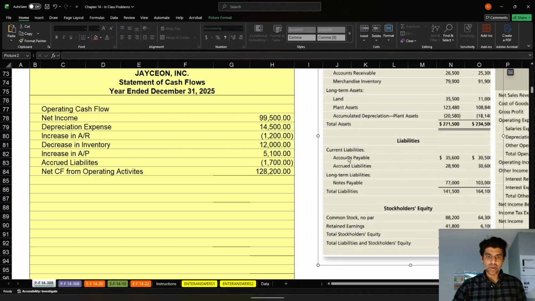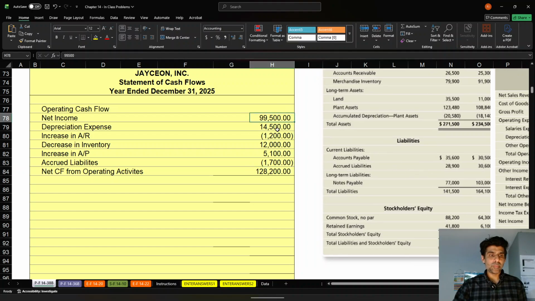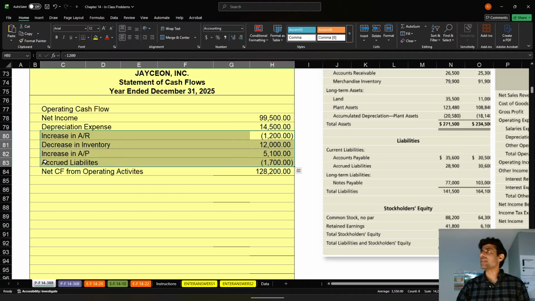Okay. So again, we started with net income and now we've adjusted for the non-cash expense here, depreciation expense, and then these changes in our current assets and liabilities, representing how much cash was either fronted, in the case of accrued liabilities, or we sold on credit and haven't collected the cash yet.